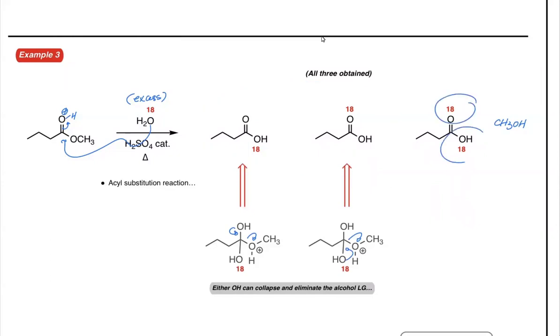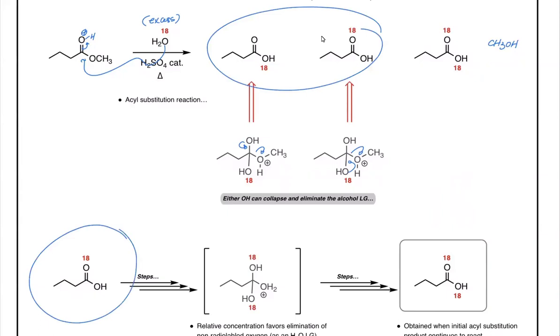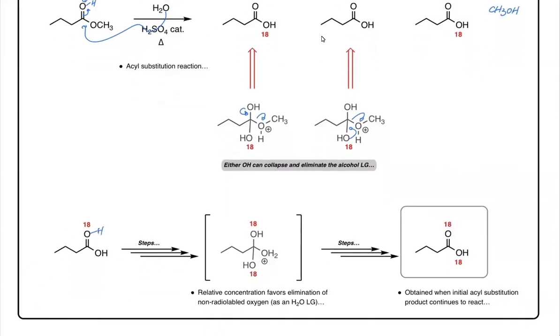But we can then also get a product where the O18 label is in the carboxyl carbonyl and the carboxyl OH portion. Let's track how that's formed specifically. If you imagine taking either of those initial radiolabeled outcomes, and then you imagine that continuing to react with the radiolabeled water, we protonate the carbonyl, water then attacks and bonds.